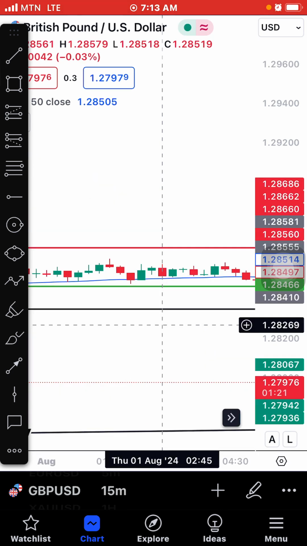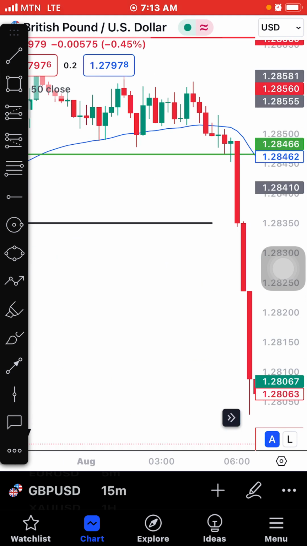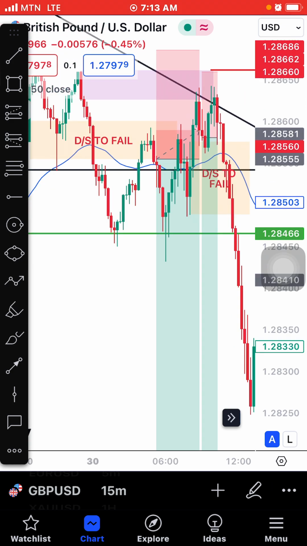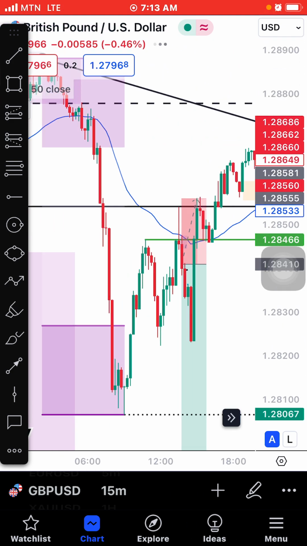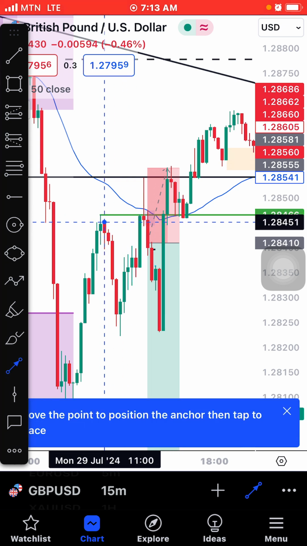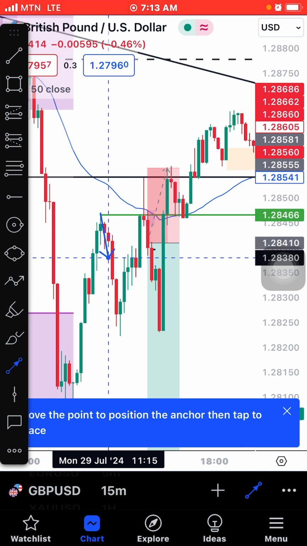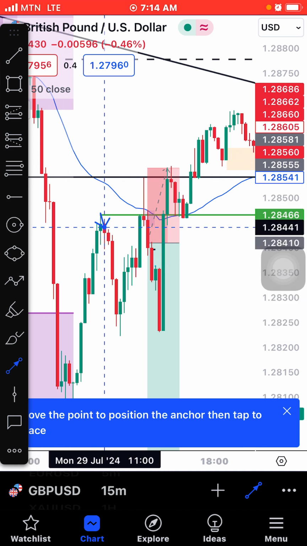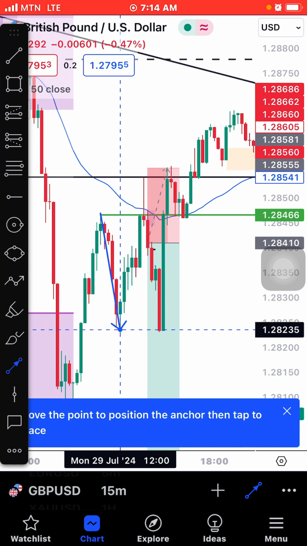So on the 15 minutes time frame, let's look at exactly what happened. We had price creating this higher high during the pullback, and then pulling back to create a low.